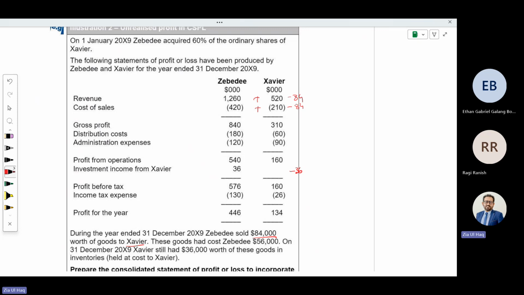And on 31st December, X still had 36,000 worth of these goods in inventory held at cost. I mean, they are having 36,000 out of 56, not from 84.